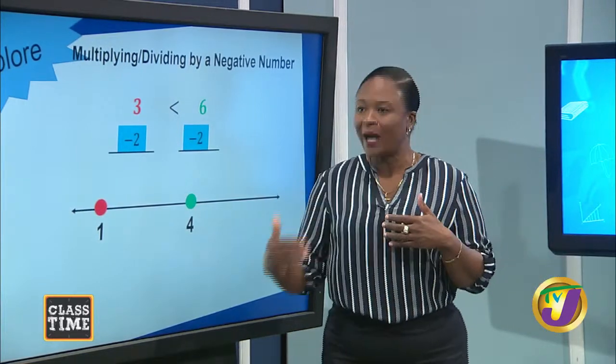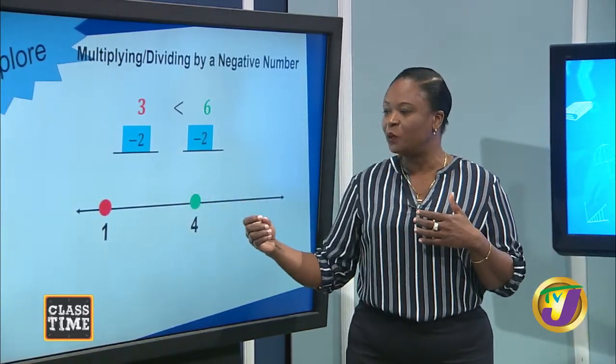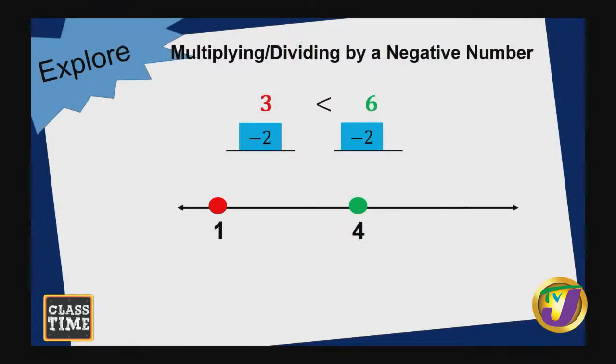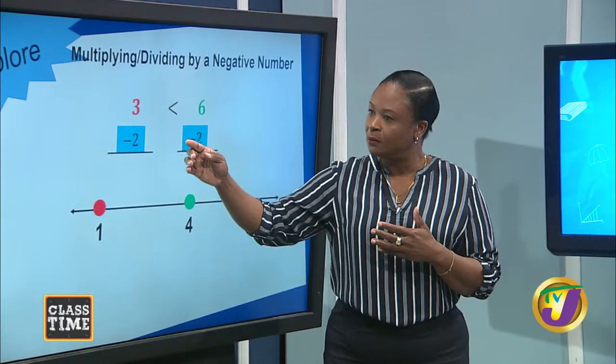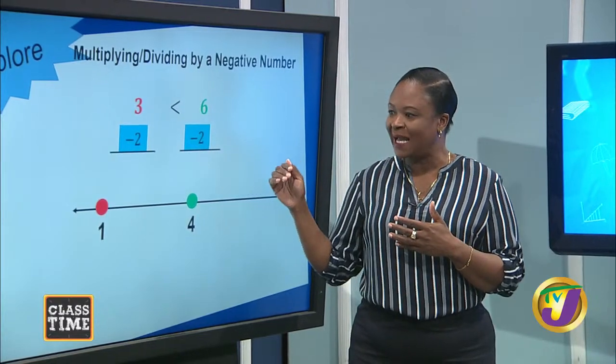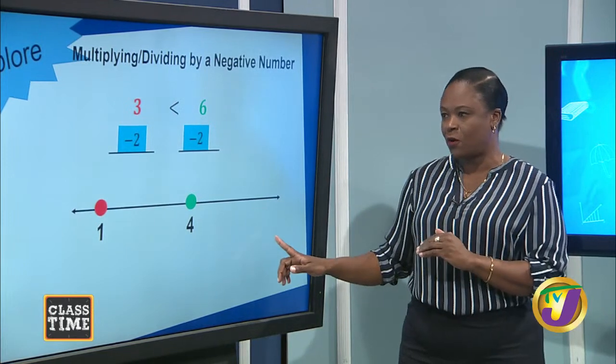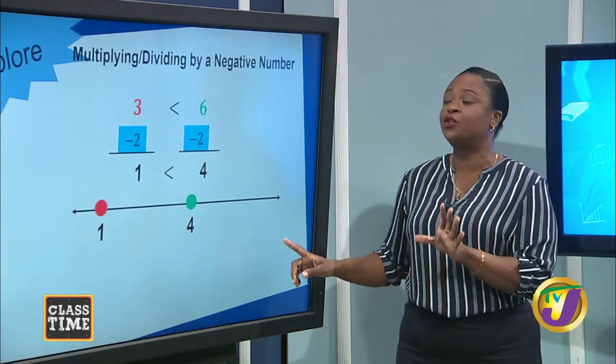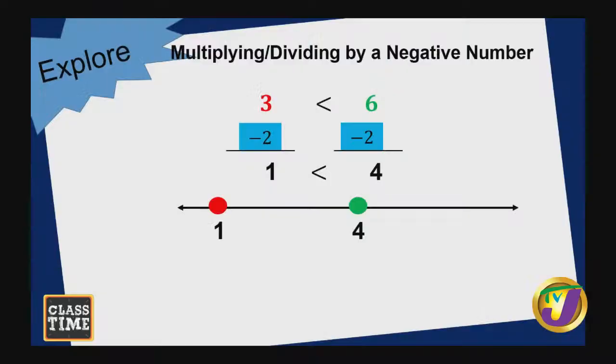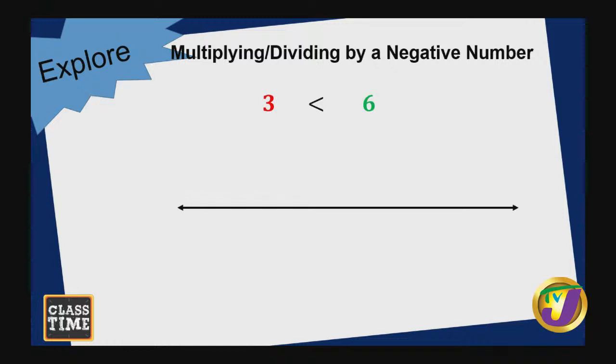Now, when we look at the representation, we see that the 1 is still to the left of the 4, which is represented here by green. The inequality remains true because when 2 is subtracted from both sides, 1 still is less than 4. Okay? And there it is. It remains true.